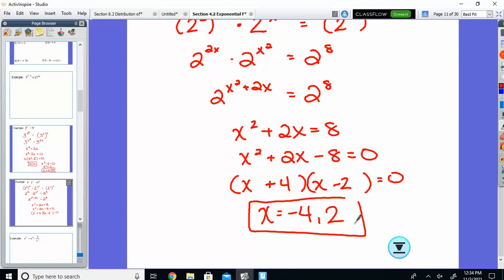I'd like to do just a couple more examples along this line.